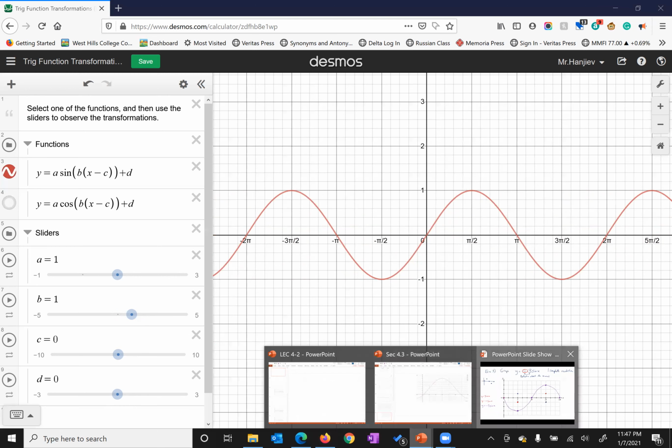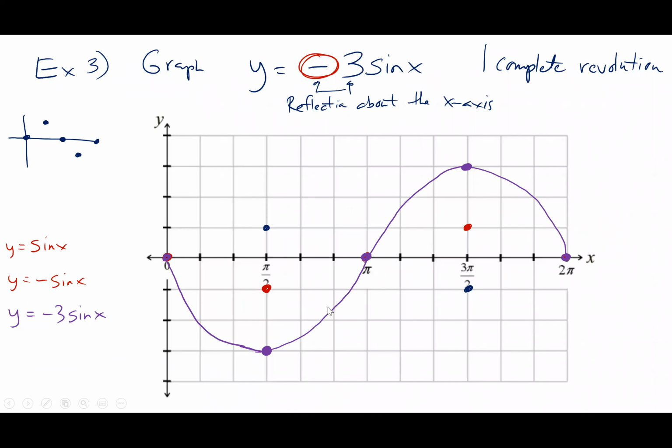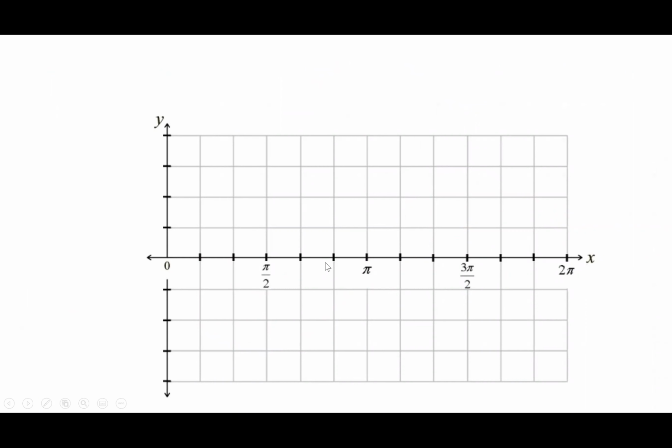But let's jump to this one here. Let's see how we graph this next one. This next one is called a period change. A period change means, let's define it first here.